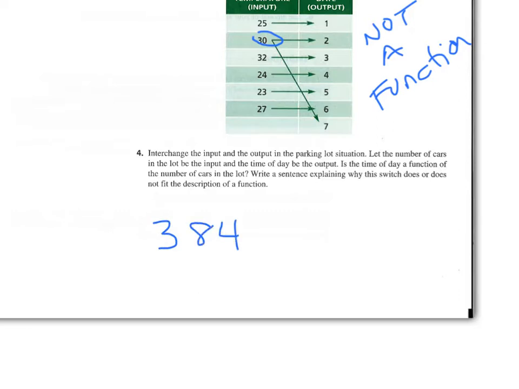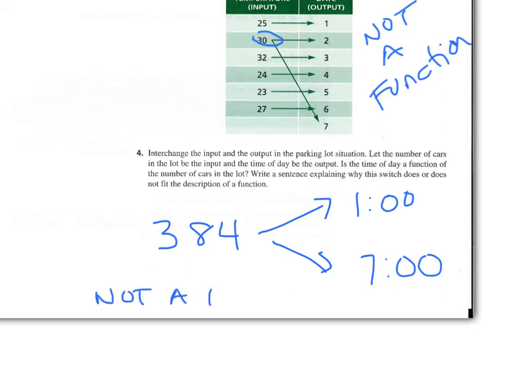So that means 384 would be mapped to what times? 1 o'clock and also 7 o'clock. So this would not be a function. We would say that the time here is not a function of the number of cars. The other way around it worked, but this way it did not work.